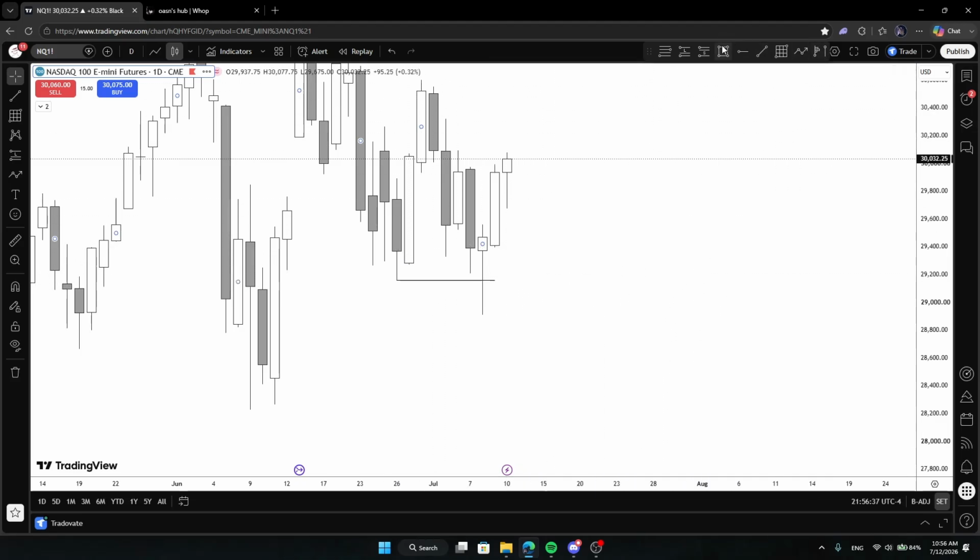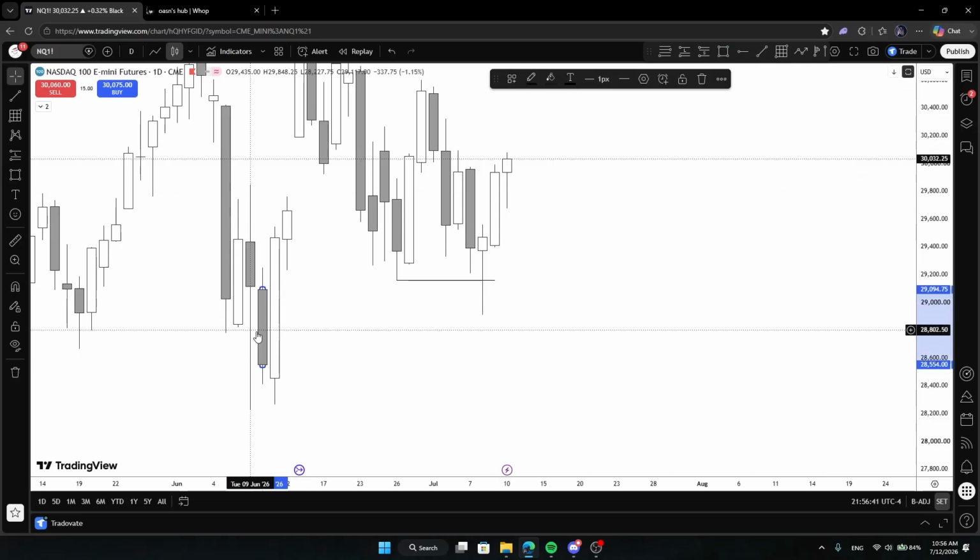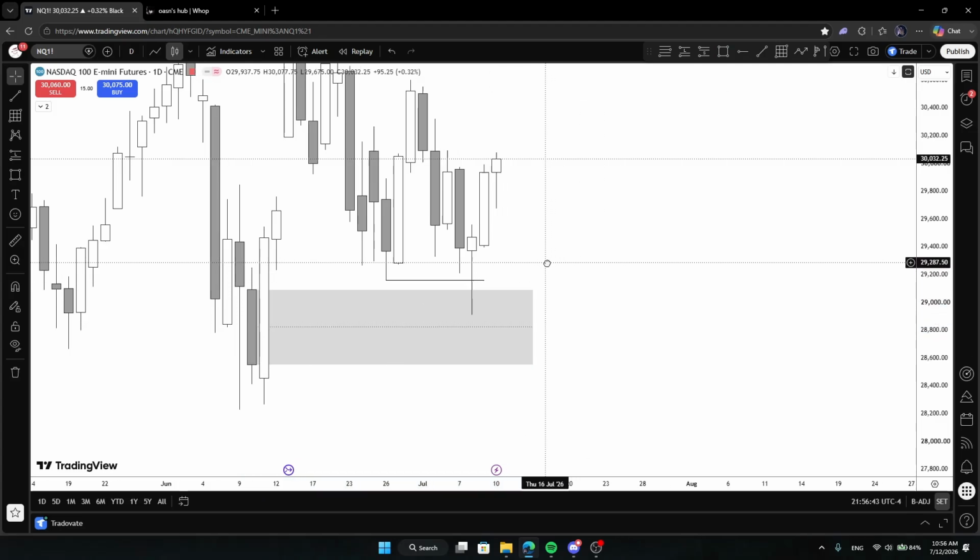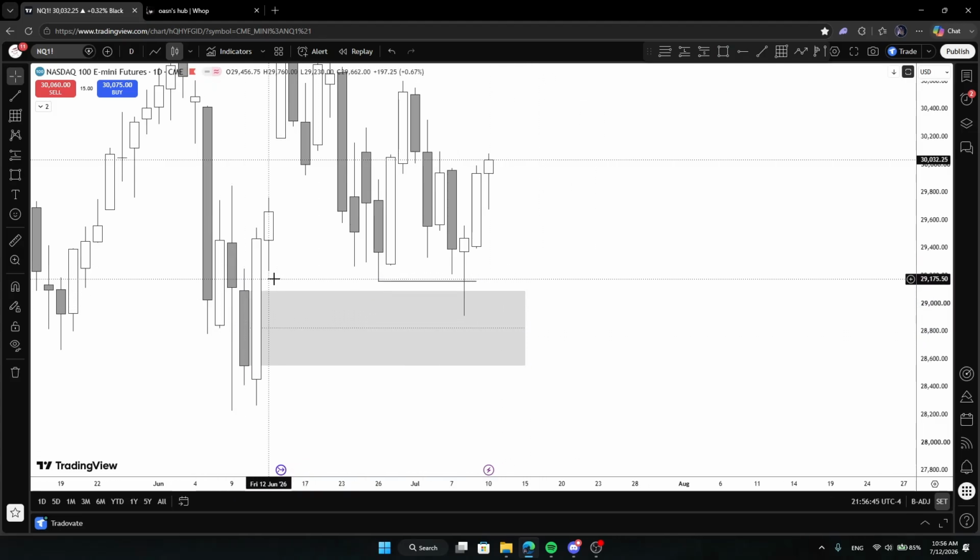Why would it not sweep it, right? We also have an order block right here, so this is a very strong bullish confirmation. If we see the price sweep this and then close back above, what we could do is mark out the high of this candle and then the low of this candle.